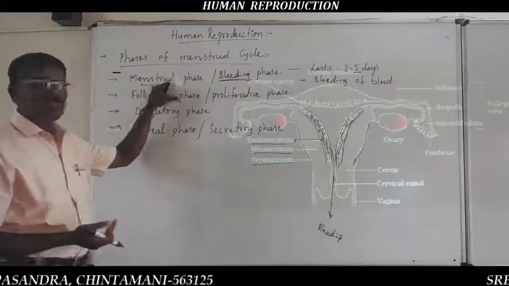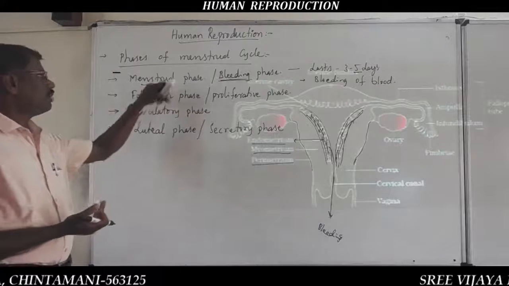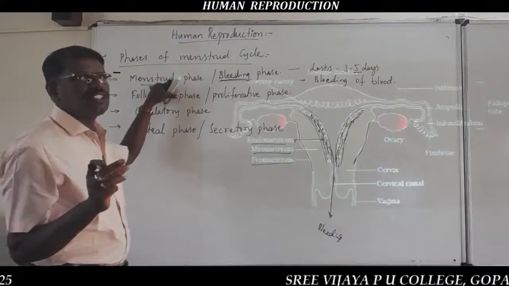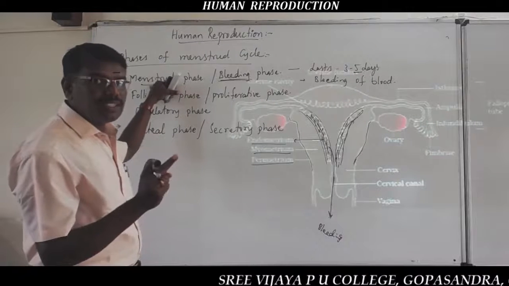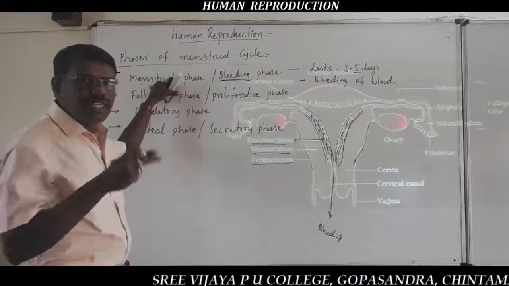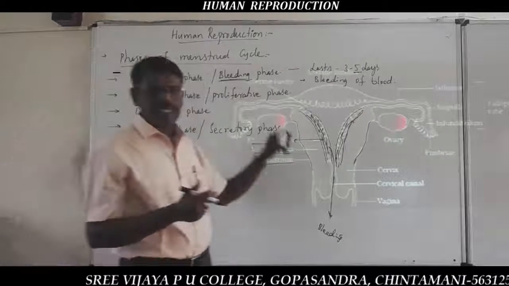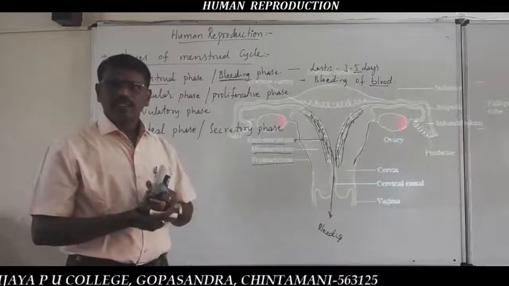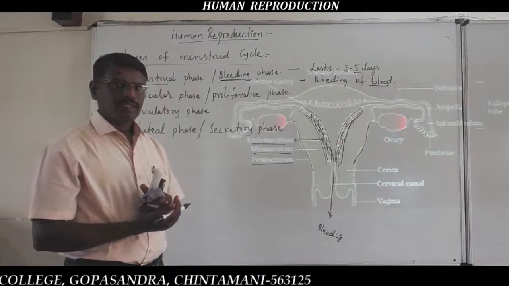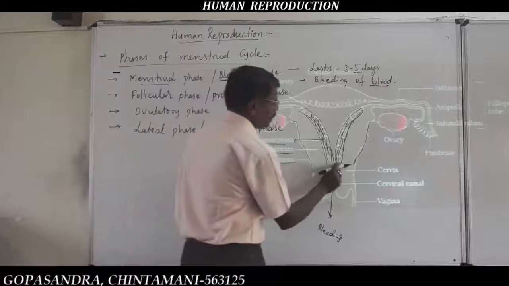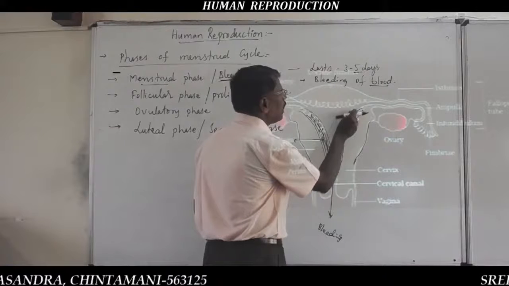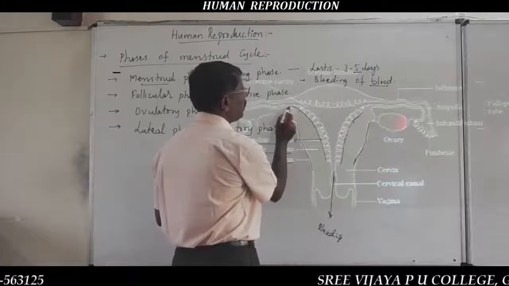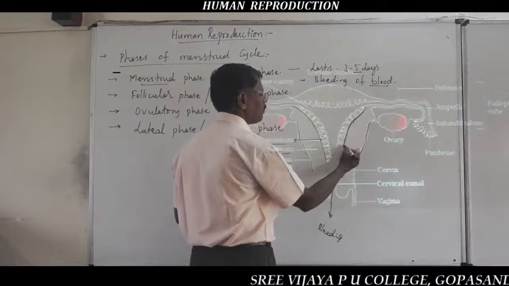During the menstrual phase, the endometrium with its blood vessels is completely converted into a red colored fluid, which we call blood, and is discharged through the vagina. During the menstrual phase, there is complete shedding of the endometrium.